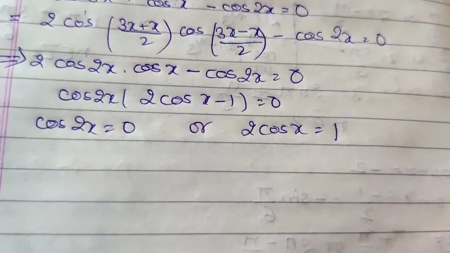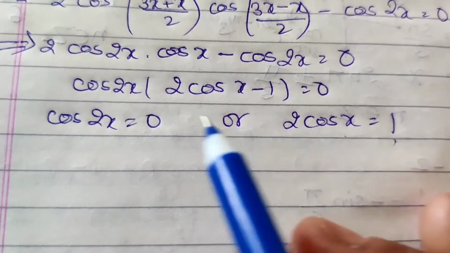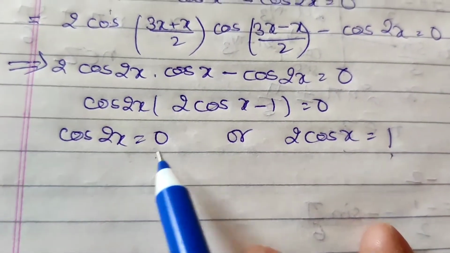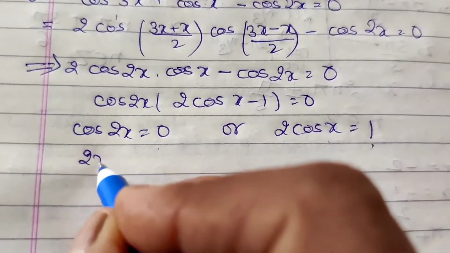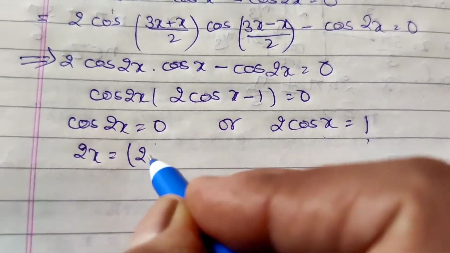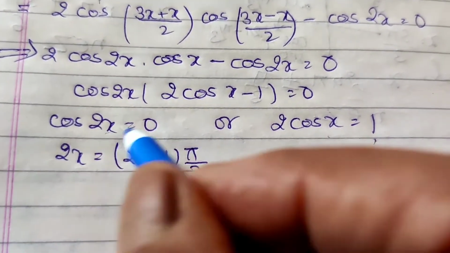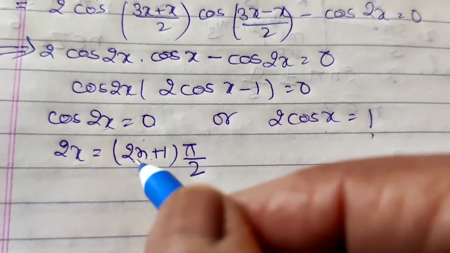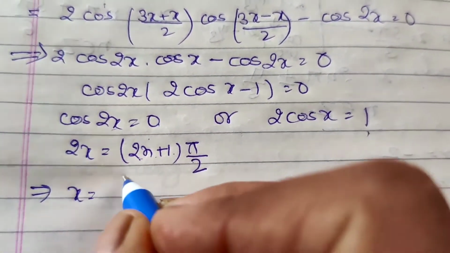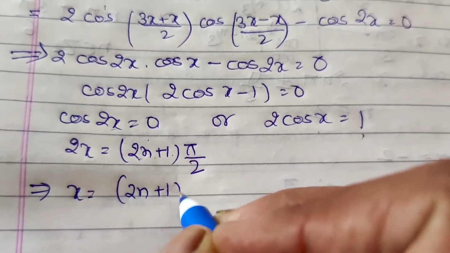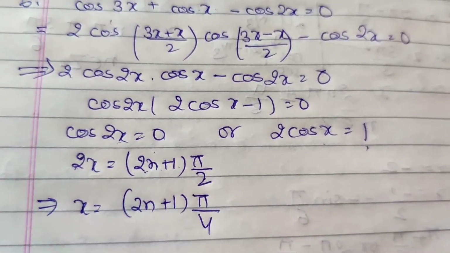If cos 2x equal to 0, the general solution is 2x equal to (2n plus 1) pi by 2, since cos 90 is 0, where n belongs to integers. So you can write x equal to (2n plus 1) pi by 4.